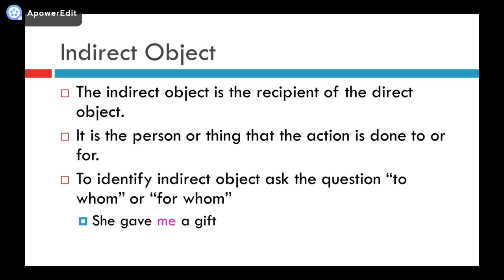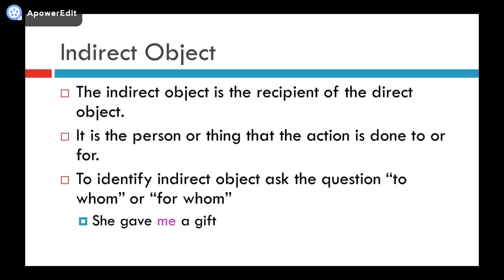Whatever the verb is doing, it is done for that person or thing, that will be your indirect object. To identify an indirect object, you have to ask the question to whom or for whom. Another small trick, not there in the slides, please note down. How will you identify it? Usually an indirect object will come between the verb and your direct object.